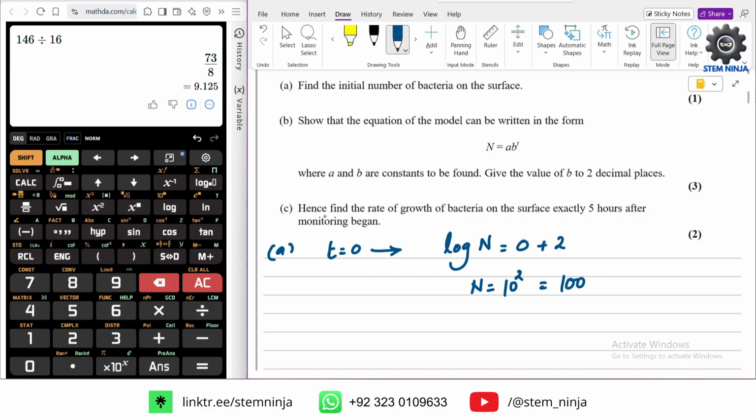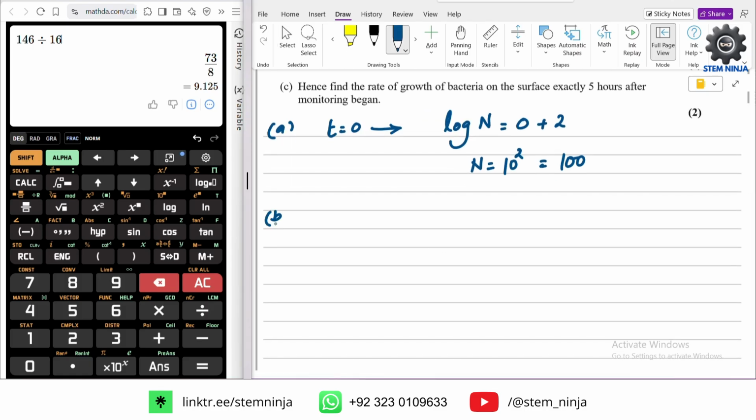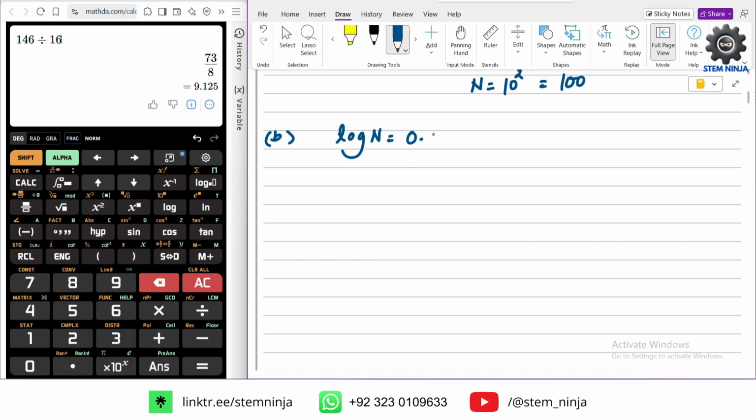Initial. Show that the equation of the model can be written in this form. Okay, so we have log n equals 0.35t plus 2.